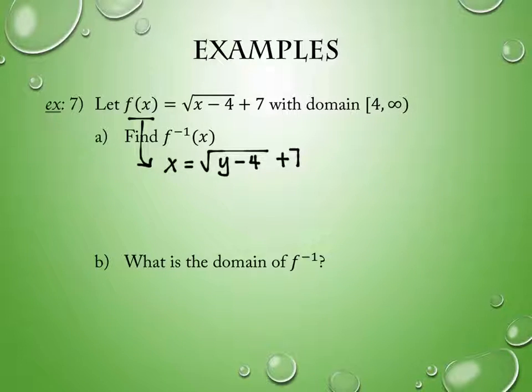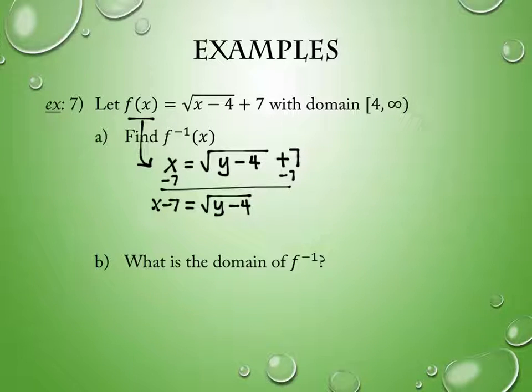So if I'm solving this for y, what would I need to do next? We work from the outside in. We would subtract 7 to begin with. So the first thing we have is x minus 7 equals the square root of y minus 4.